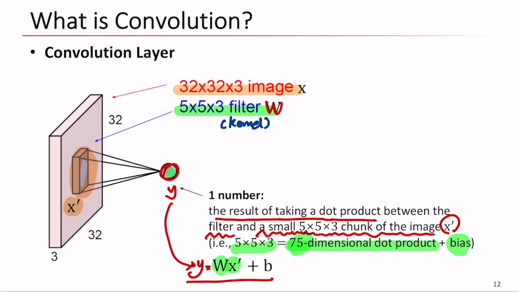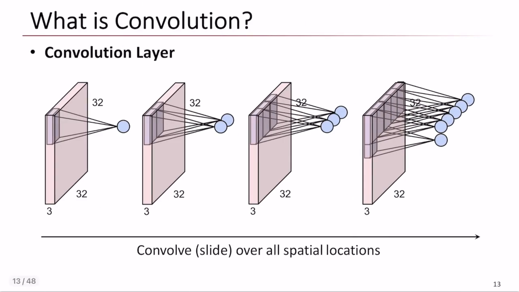So that's it. That generates one number. Then by convolving or sliding over all spatial locations, let's say the first one is here, the second is here, the third one is here, and so on, we can generate an image-like output.